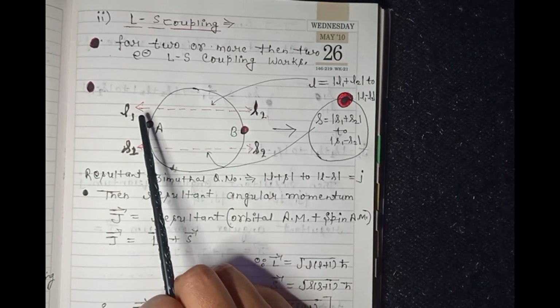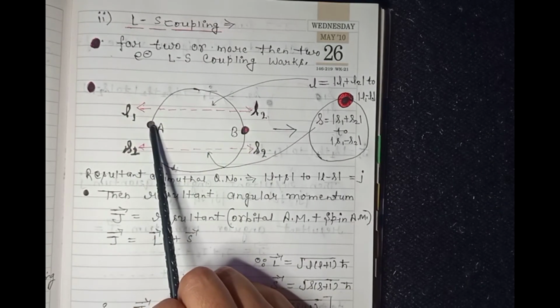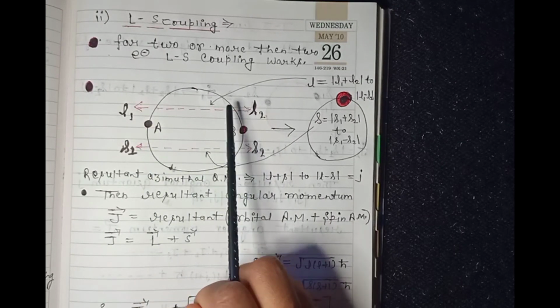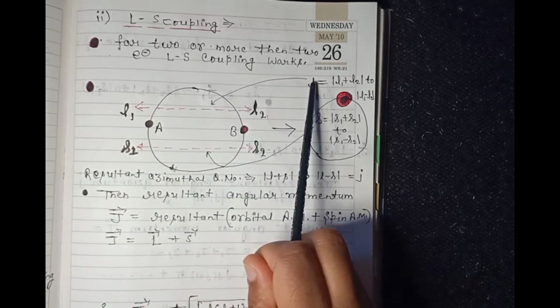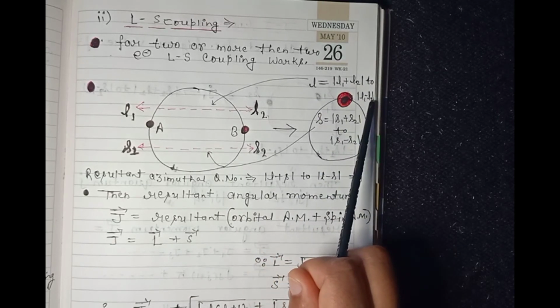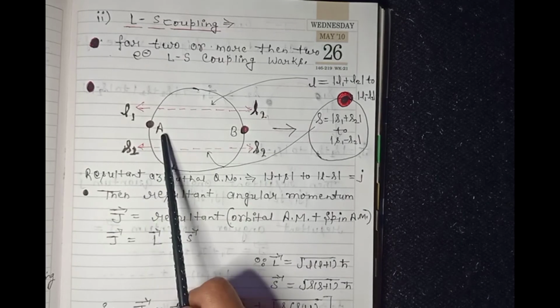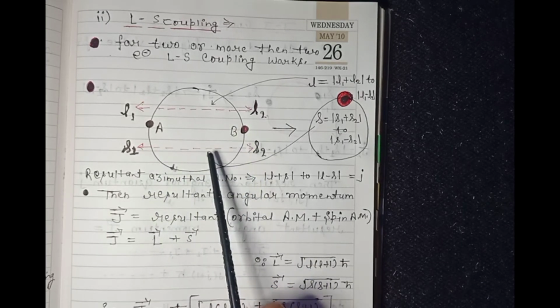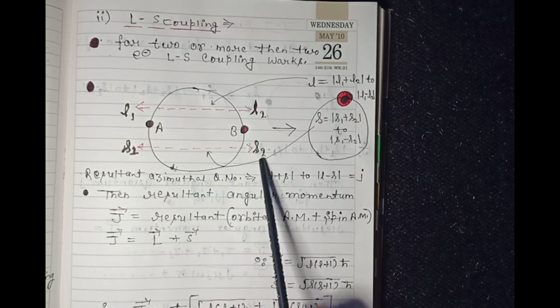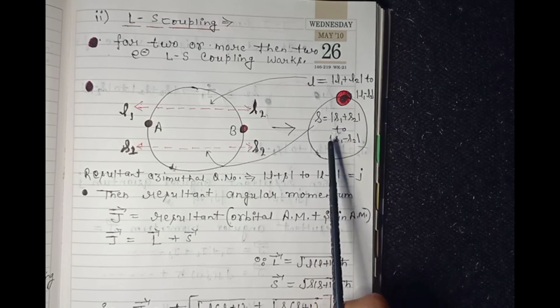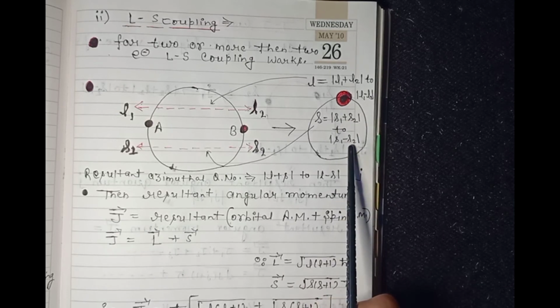Then L1 of A and L2 of B interact in such a way that they make a resultant L, whose value varies from L1 plus L2 to L1 minus L2. And then S1 of A and S2 of B interact in such a way that they make a resultant S, whose value will vary from S1 plus S2 to S1 minus S2.